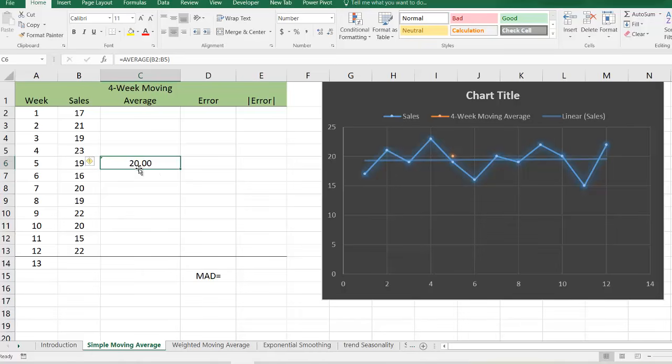To generate the forecast for the next periods, we simply hold, click, and drag this part of cell C6 to copy paste the formula for the next periods.